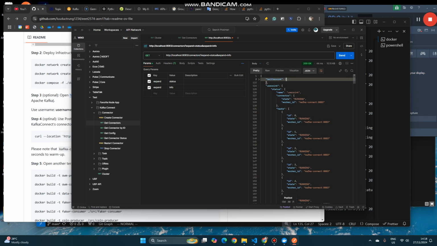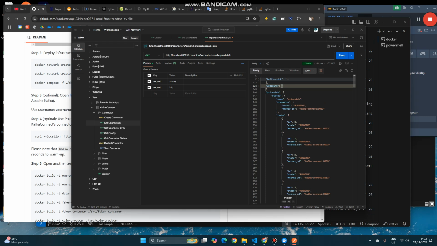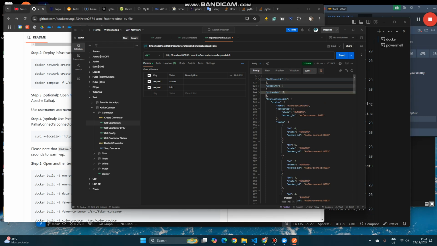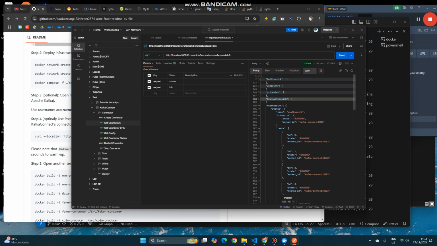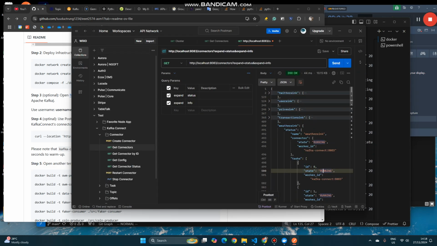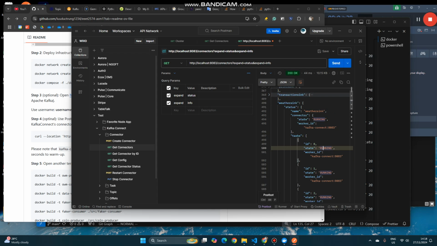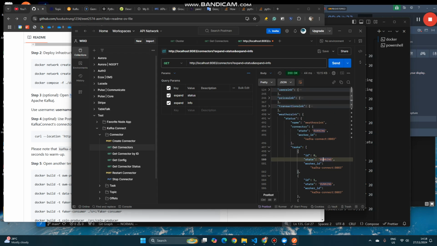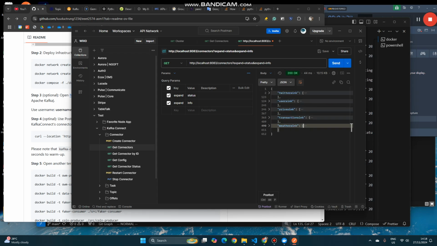Let's see another task. The user sync connector is running. Good. Pricing is running. Good. This one also running. Weather also running. Okay, so we have those connectors.